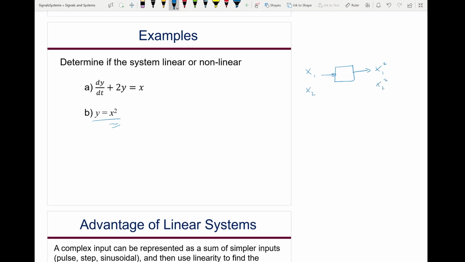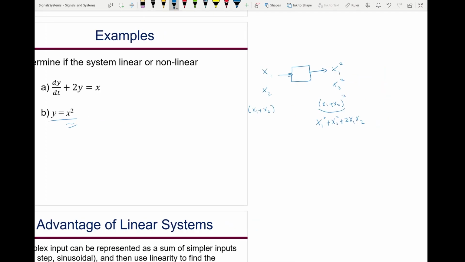Now what happens if I have both inputs hit the system, x1 plus x2? Then according to this system, it will just square the input, so that will be x1 plus x2 squared. If I expand it, that is x1 squared plus x2 squared plus 2x1x2.